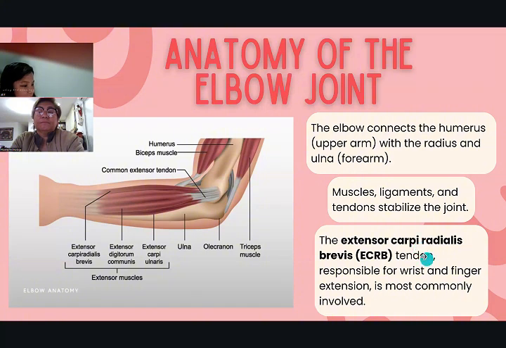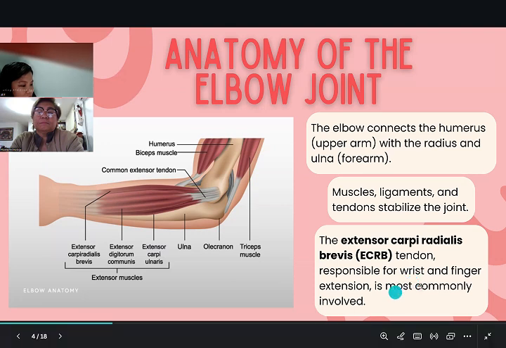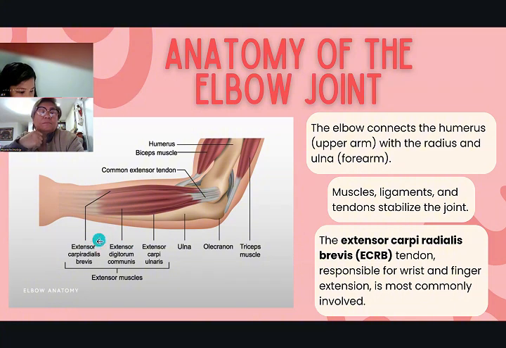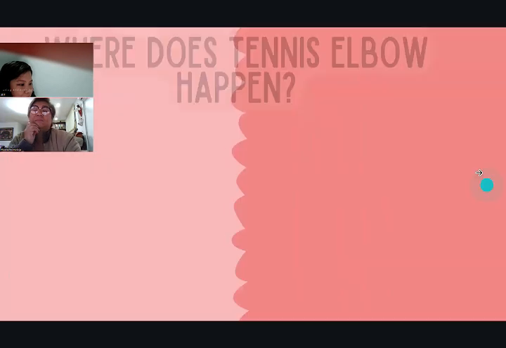The extensor carpi radialis brevis, ECRB tendon, is responsible for wrist and finger extension and is most commonly involved. Dito ang usually affected. Outer part, hindi medial part.